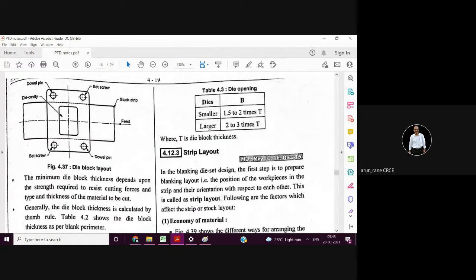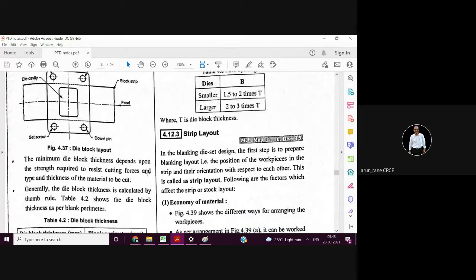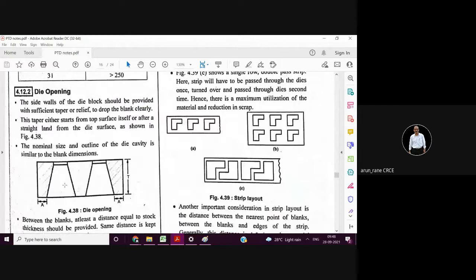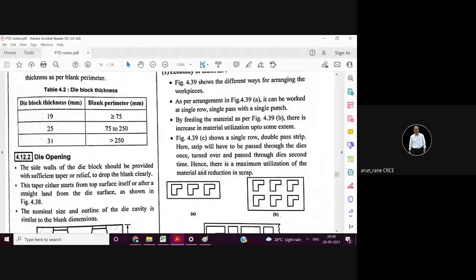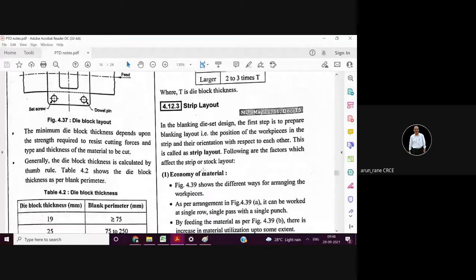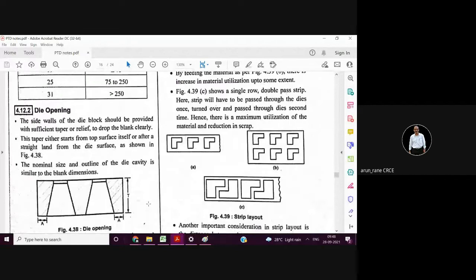The die opening clearance is generally 2 times the thickness. Like if the strip thickness is 2 mm, then this clearance can be around 4 mm.